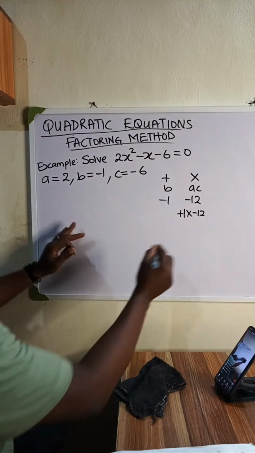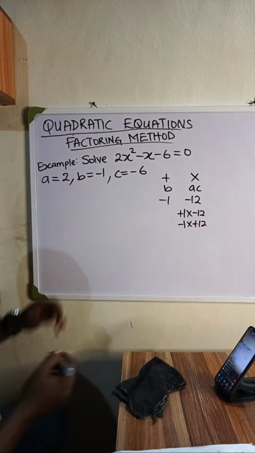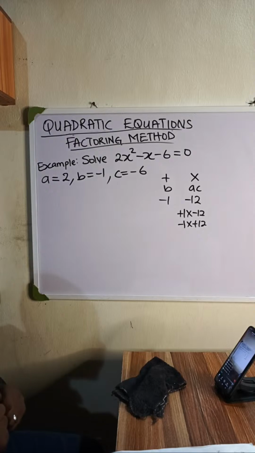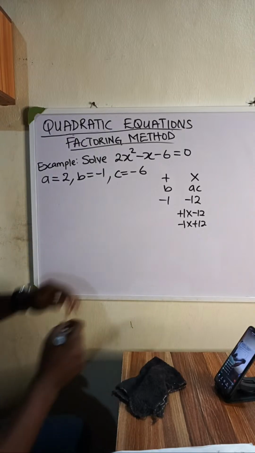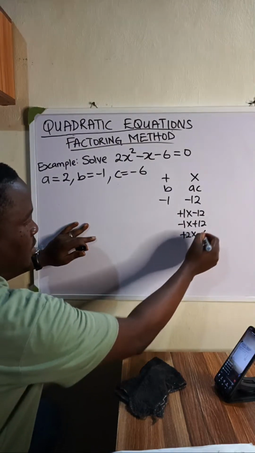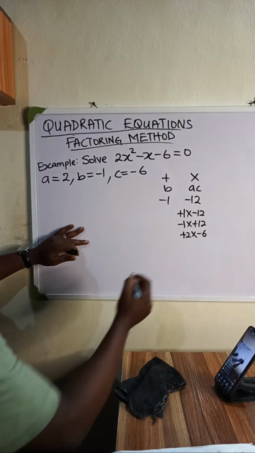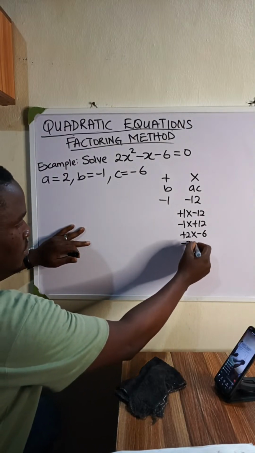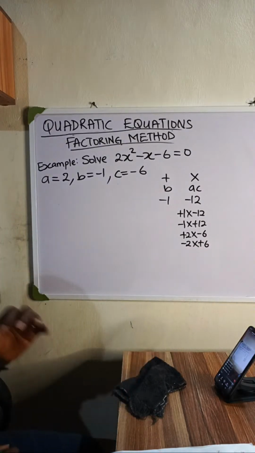We alternate it: minus 1 times plus 12 will also give you minus 12. So we are done with 1. We step up to 2. Plus 2 times minus 6 is equal to minus 12. Also, minus 2 times plus 6 will give you minus 12.